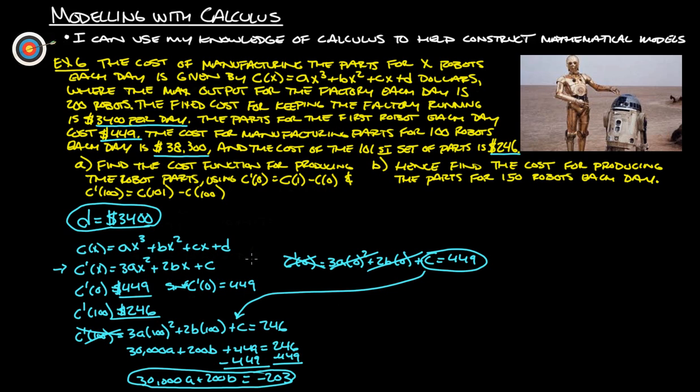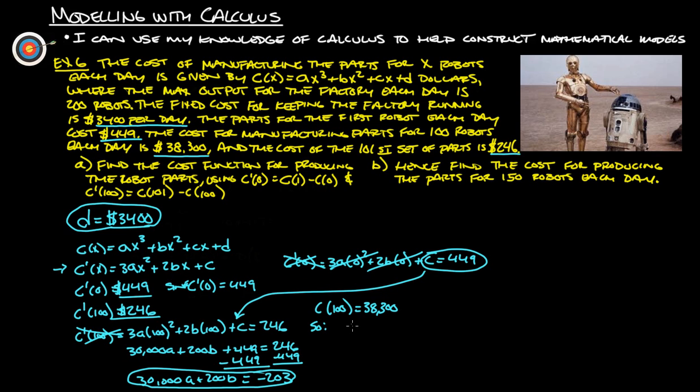And then we're going to use one more piece of info here. We know that the parts for 100 total robots each day is 38,300. So we know the cost of 100 total robots is 38,300. We can plug that back into our original cost function and see what we get.